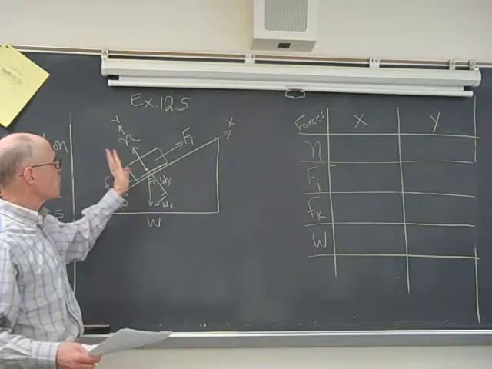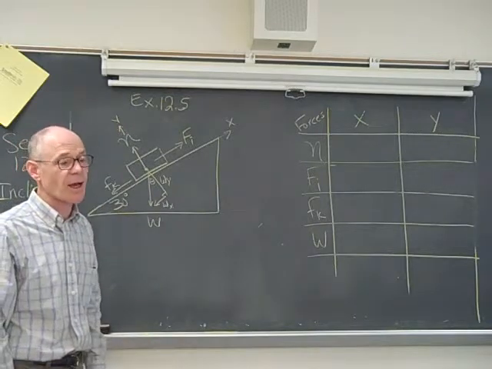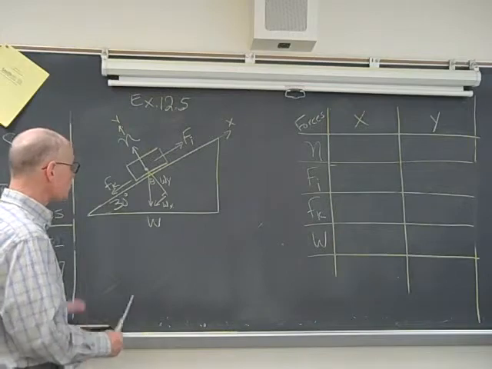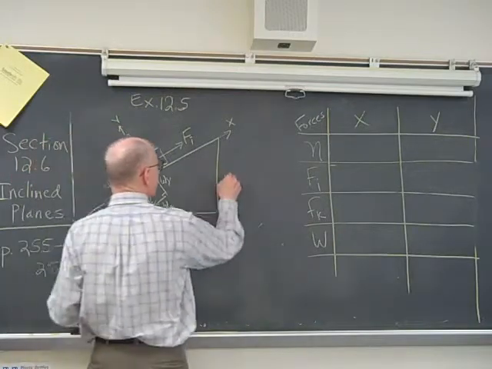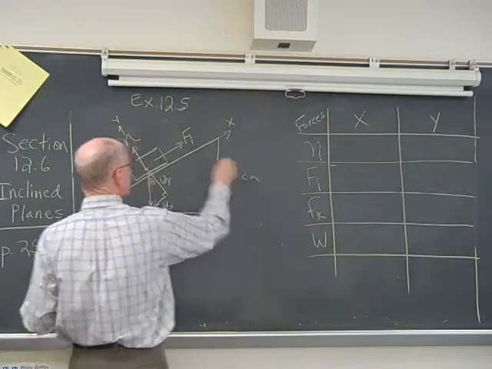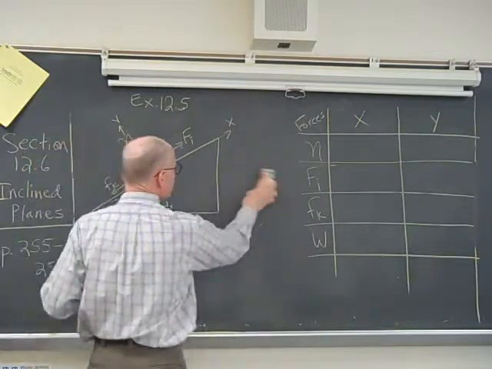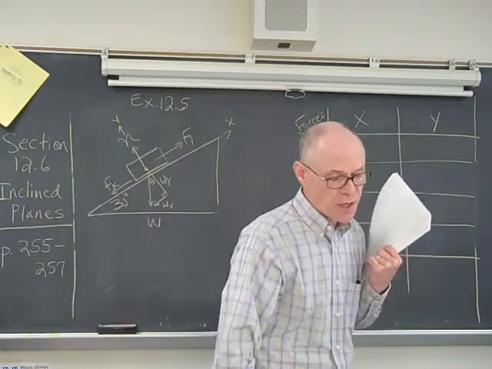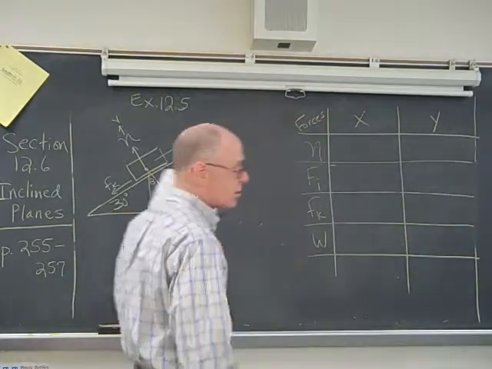So a crate is being pushed up, and you notice we're doing a free body diagram, so we're getting back to chapter 4 stuff. So we have this ramp. Now you're also given that the height is 2 meters and the length along the ramp is 4. So the first thing you see happening in here, if you're given those dimensions, then you use trigonometry to figure out what the angle of the ramp is.